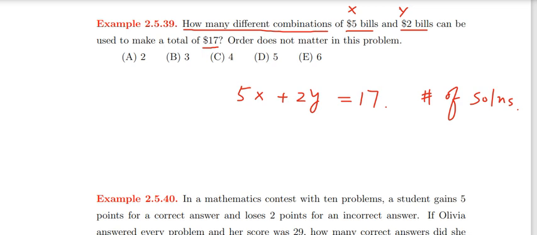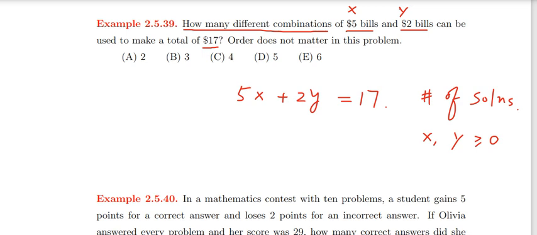So this is the integer equation. The conditions are that X and Y cannot be negative, they could be 0. So let's check X. Can X be 0?